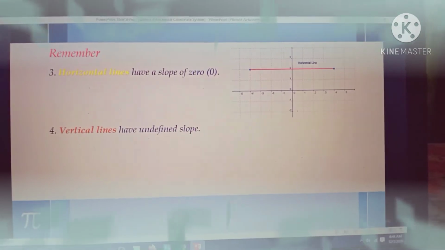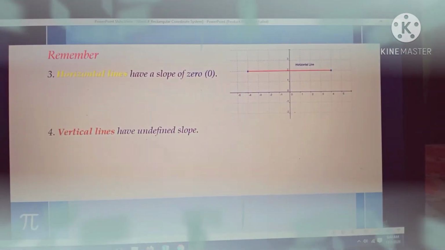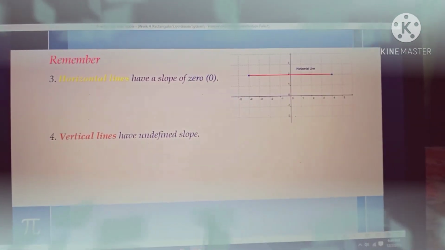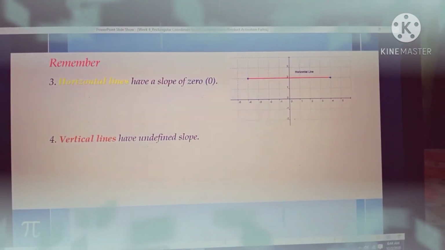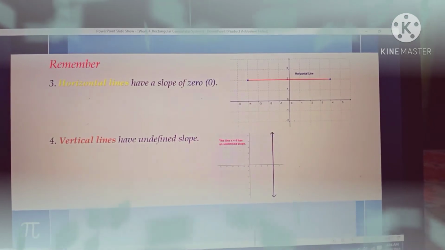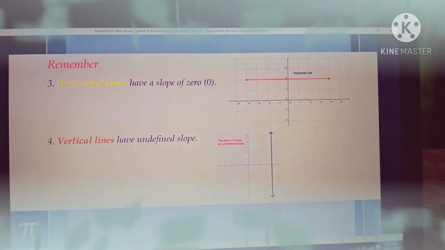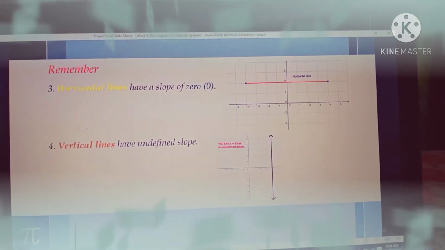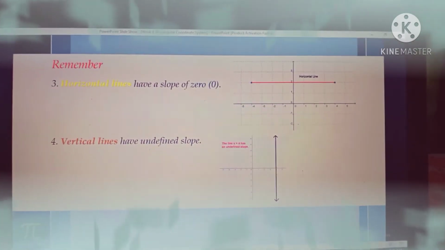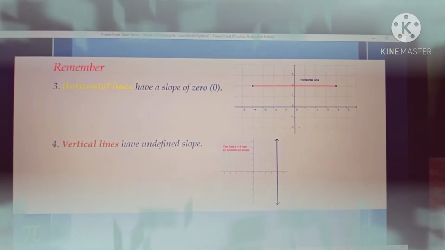While vertical lines have undefined slope. Undefined means you cannot define it. There is no horizontal change, only a vertical change.